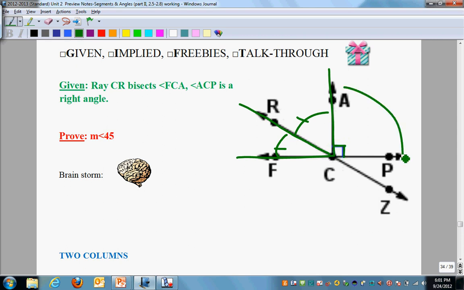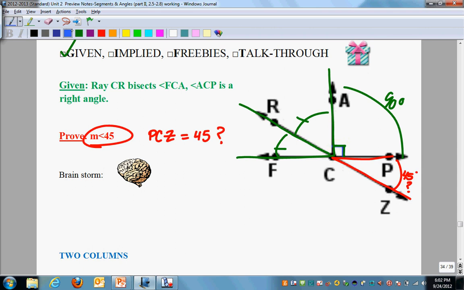That's right, so that's 90. Okay, that's given. Now we're going to prove that the measure of angle PCZ is 45 degrees. So 45, put a question mark. That's what you're trying to prove.